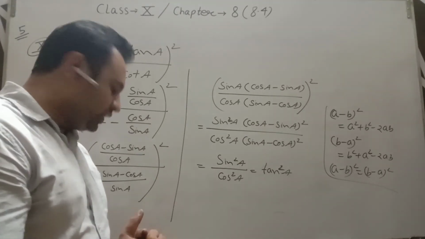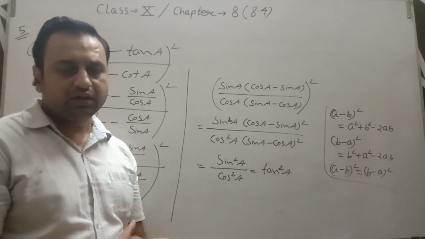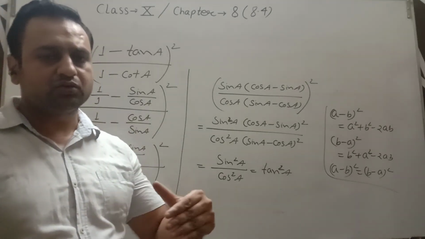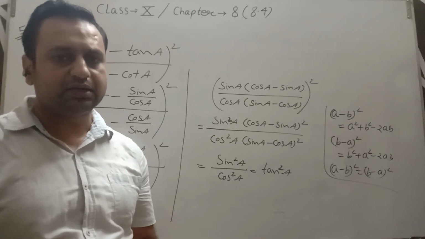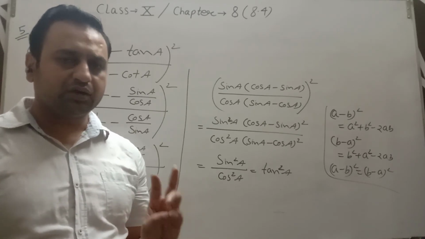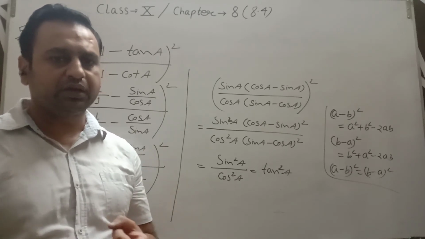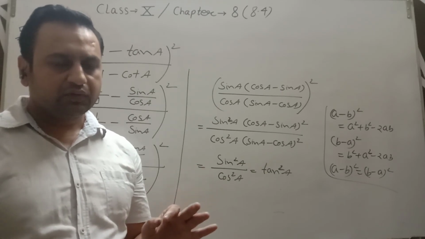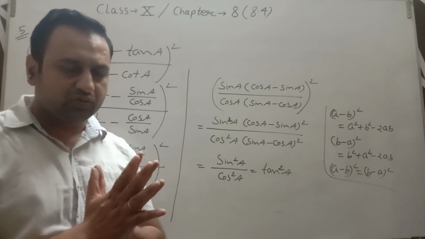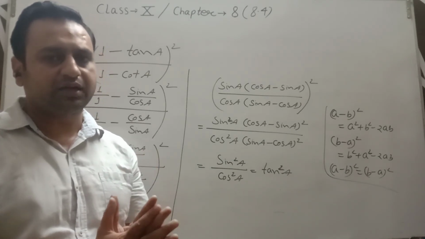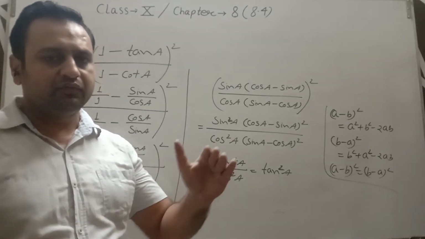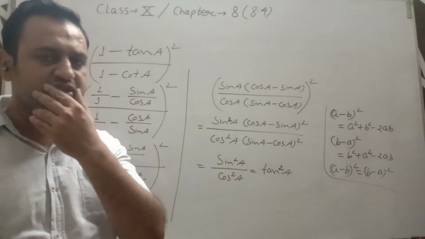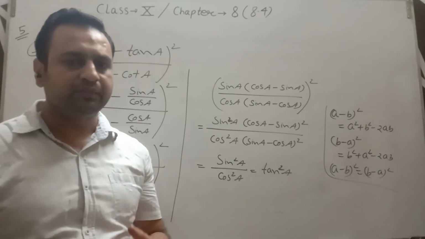So chapter 8 is complete. In this chapter, the first topic, complementary trigonometric ratios based on the complementary angle, is deleted. So there are a total of 3 topics. In the first topic we discuss that trigonometric ratios can be used to define the relation between sides and angles of a triangle, in which we discuss 6 entities: sin theta equal to P upon H, cos theta equal to B upon H, and so on.